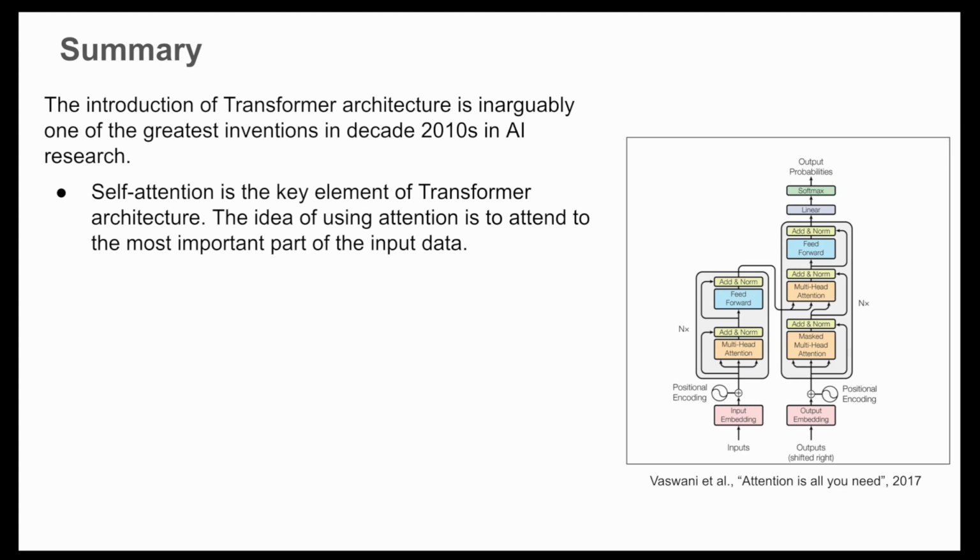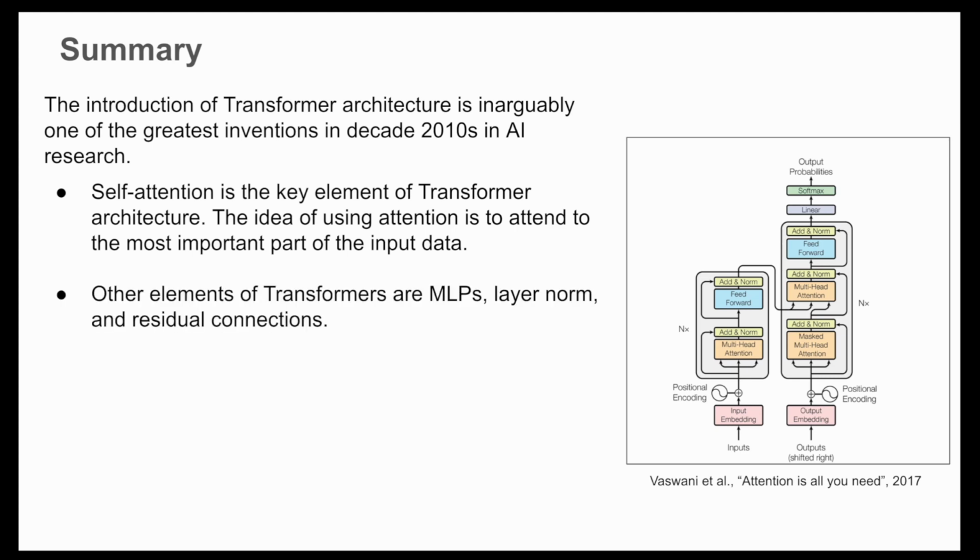In the language context, the idea of using attention is to attend to the most important words. Other elements of the transformer are the multilayer perceptron or feed-forward, as shown in the architecture, layer normalization, and residual connection.